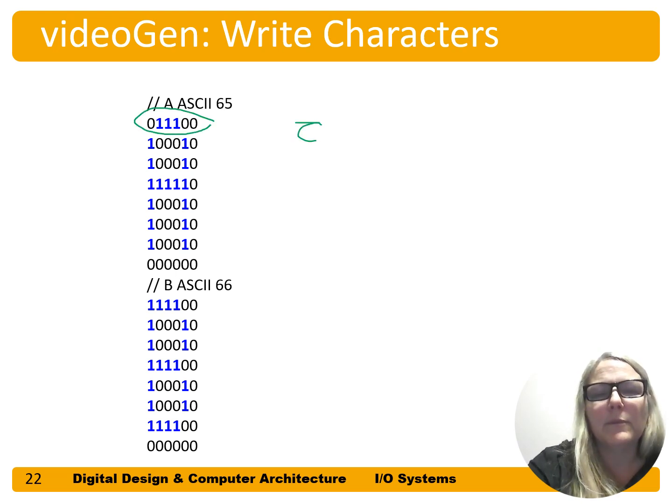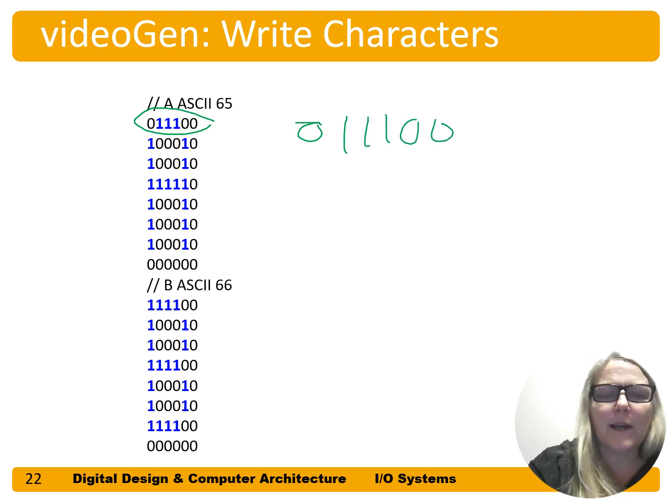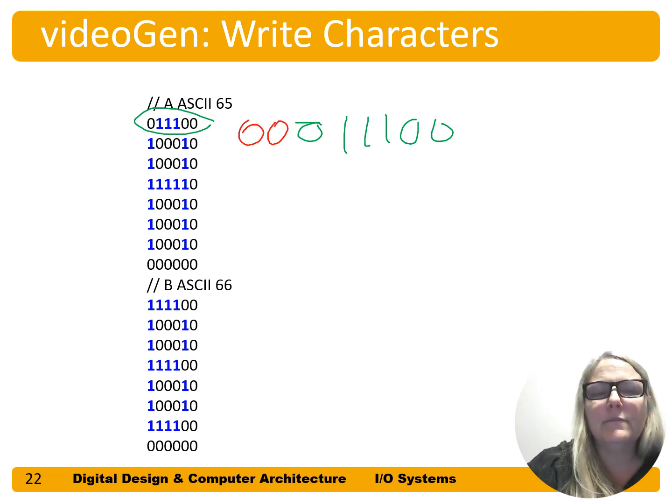So we'll be displaying 0, 1, 1, 1, 0, 0. And we actually pad it, so this is only 6 pixels or 6 bits, and so we're going to add 2 more bits there. And so that line will just repeat itself, and we'll be getting A and then another A.